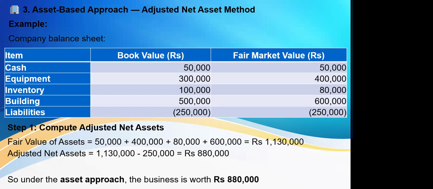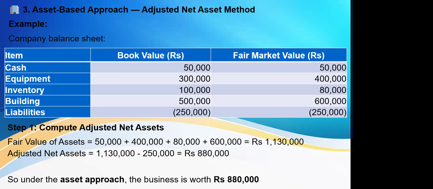So building, again, the book value is 500,000, the value is 600,000. For your calculation, you should take the fair market value, because it is the real value, otherwise you are losing. If you go for the book value, what is the total? 500, 600, 950. 950 minus 700, 250 means 700,000.